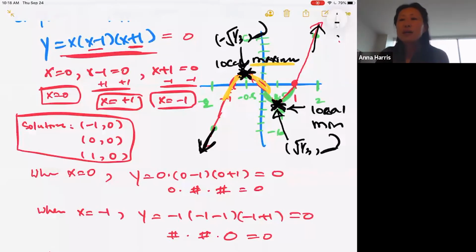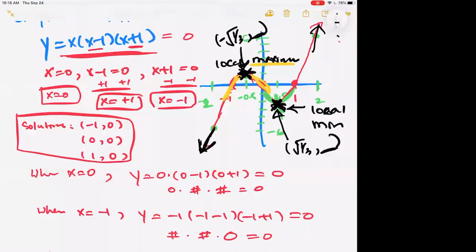If I know the x value, can I find the y value? Shalia, how can I find my y value if I know my x value, say square root of 1/3? What do I need to do? Put the x value in to find the y value.